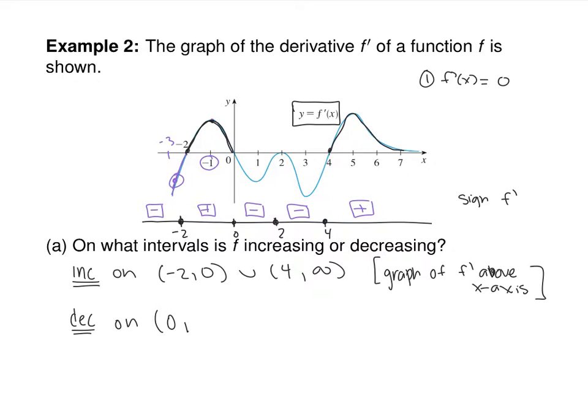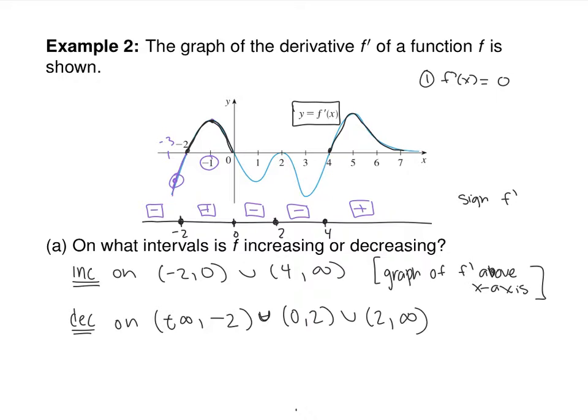Also negative infinity to -2. Does that make sense? And technically speaking, you have to leave out 2. So you have to say 0 to 2, union 2 to infinity.